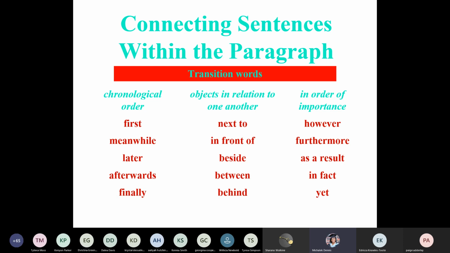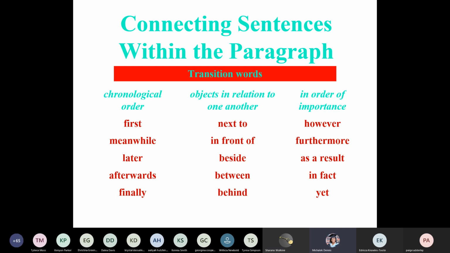So this is chronological order. This is if you're going from the beginning straight until the end. So you have your first, meanwhile, later, afterwards, finally. Then objects in relation to one another: next to, in front of, beside, between, behind. Okay?